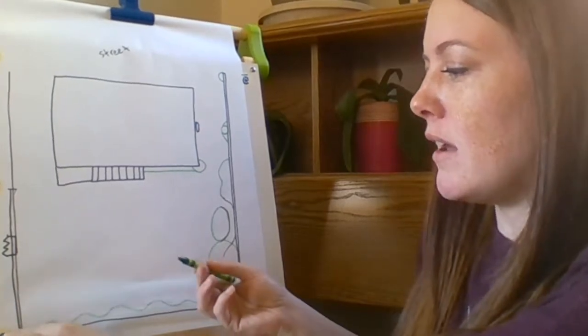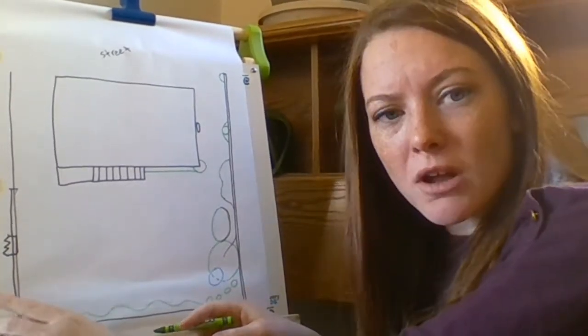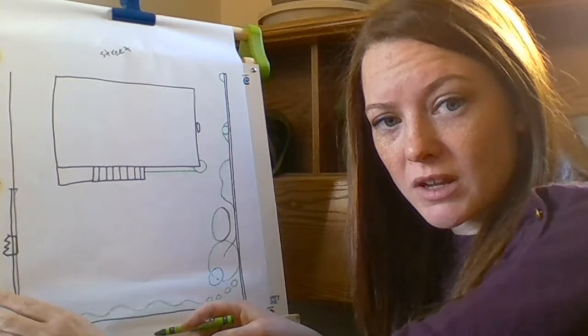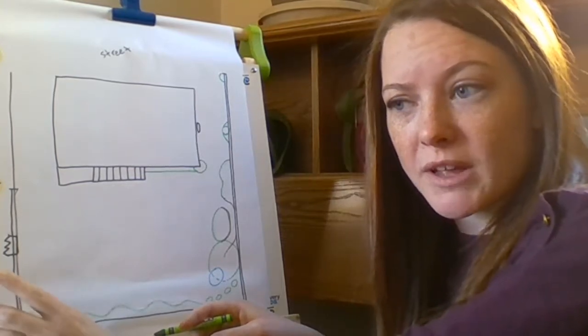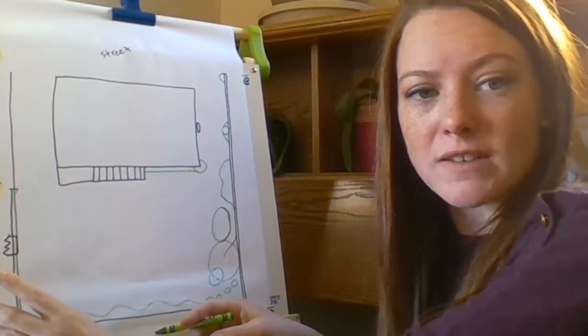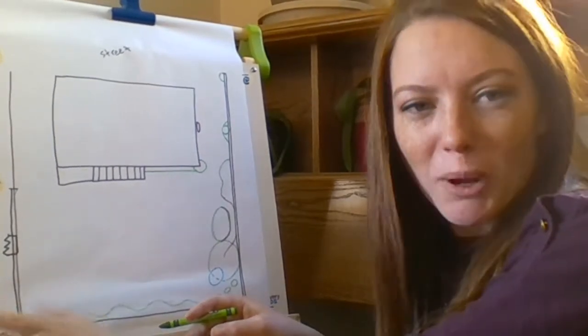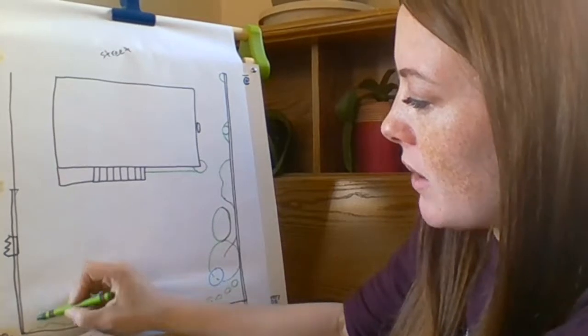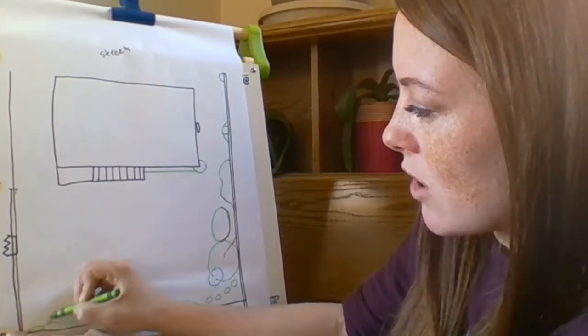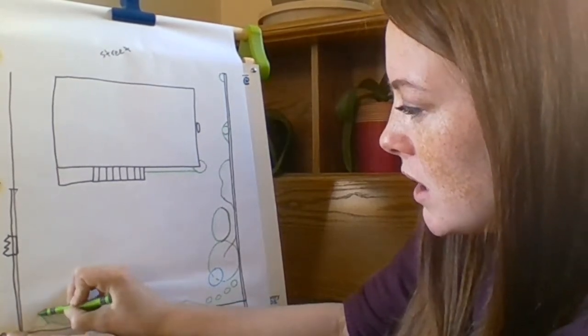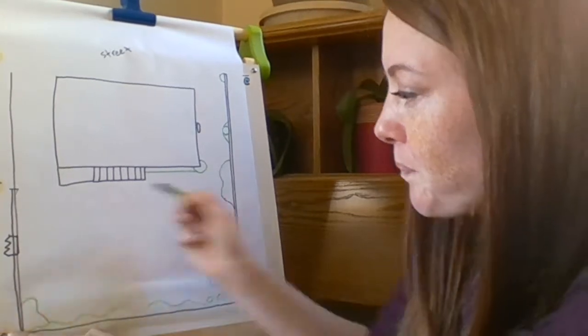So I'm going to go ahead and draw that in. And that spot already has a little bit of wood chips in it, because I wanted to get those plants into the ground before the frost came. So I went ahead and put those in. A little rushed, but they're there. So I'll go ahead and draw that in. It was sort of in the corner here and then came up just a little bit.